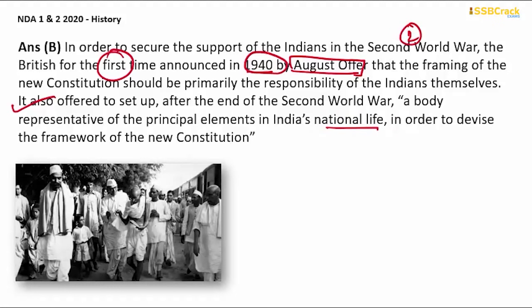But unfortunately, it did not mention how the body is going to be constituted. This created chaos. After that, the Cripps Mission came, and it stated that the constitution should be the sole responsibility of Indians. That is why in the bracket they have written sole responsibility, very carefully. So the correct answer will be August Offer.